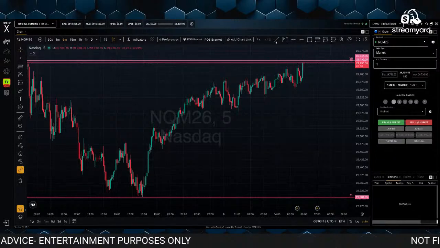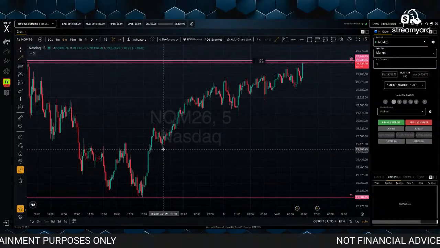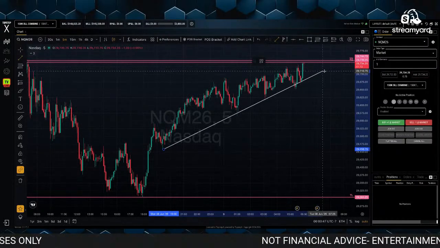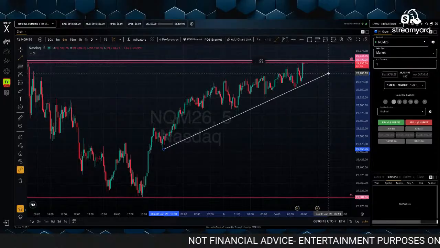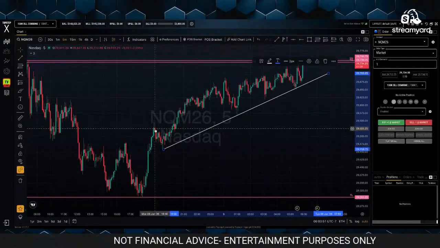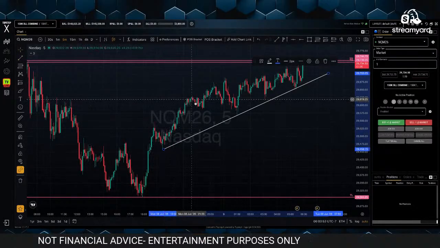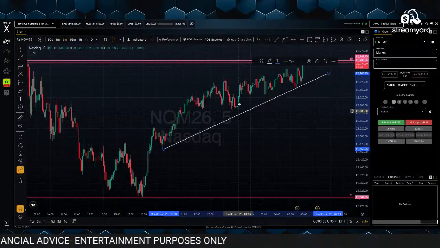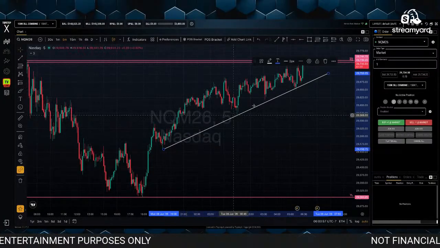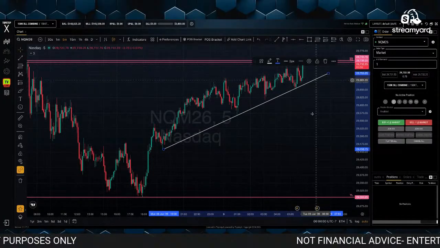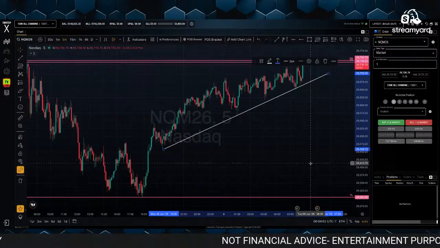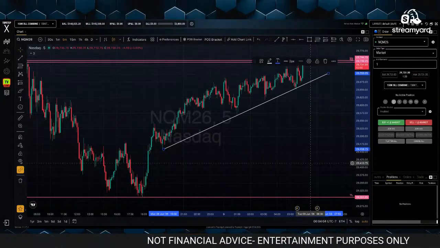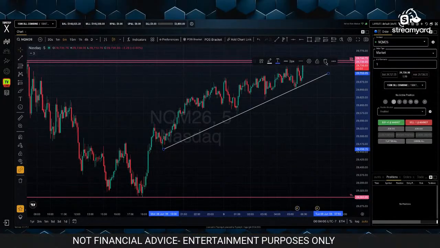By trend, I'm just looking that it's going up right now. The candles have come down, up, down, but still continue to go in an upward motion. So for me, this is an upward trend, and that's just something I'm going to keep in mind.